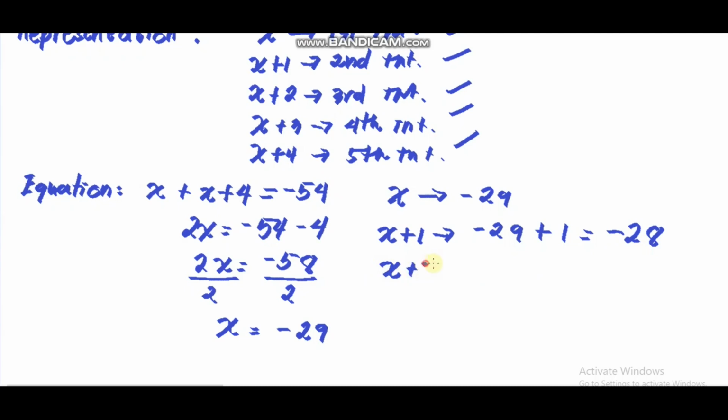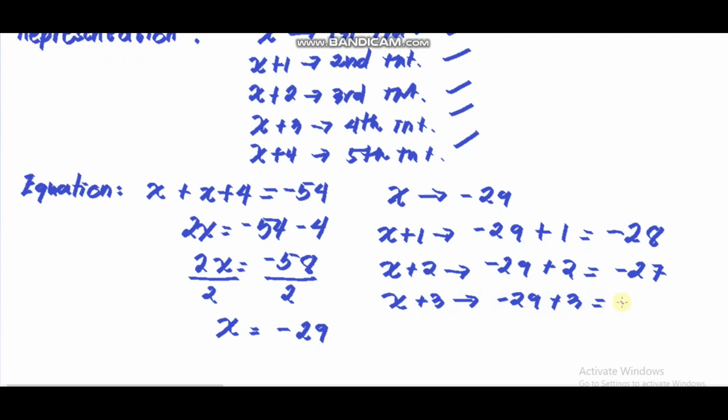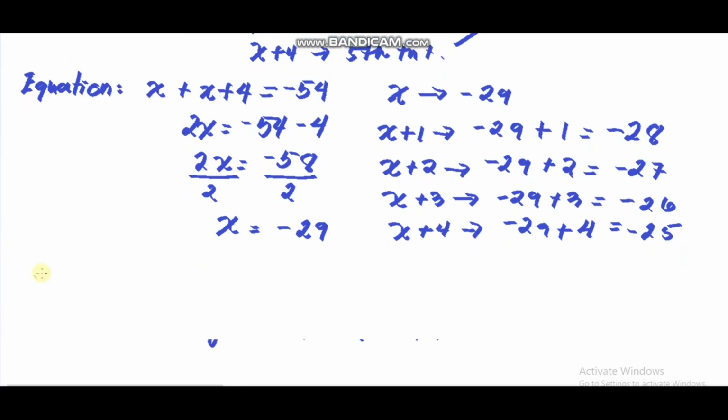And x plus 2, negative 29 plus 2, that is negative 27. X plus 3 is negative 29 plus 3, you will have negative 26. X plus 4, negative 29 plus 4, that is negative 25. So our conclusion here, so we will now have the conclusion or the answer.